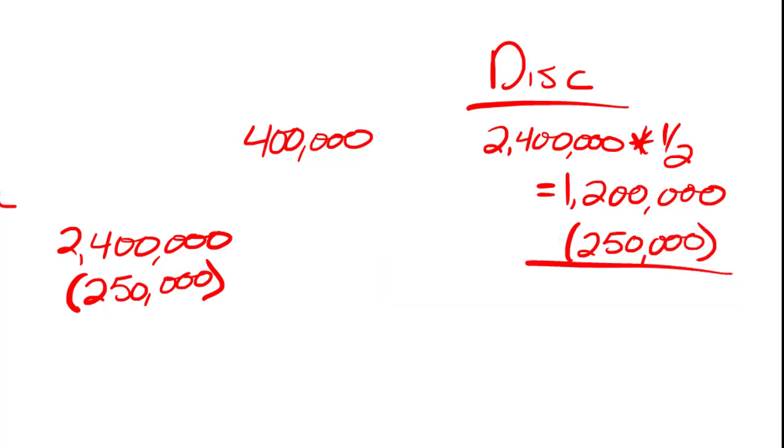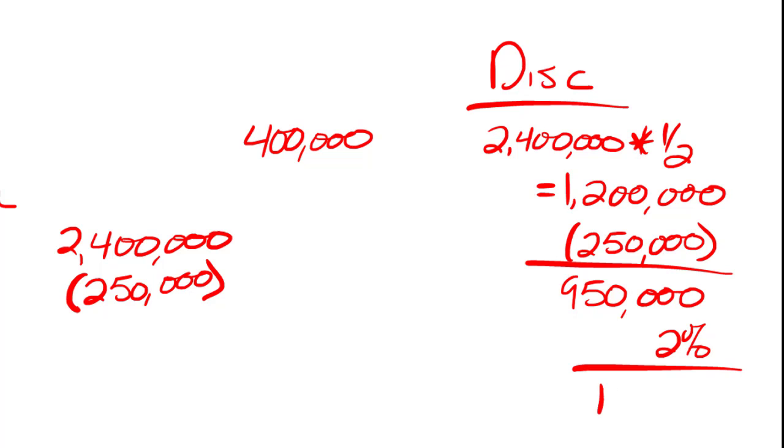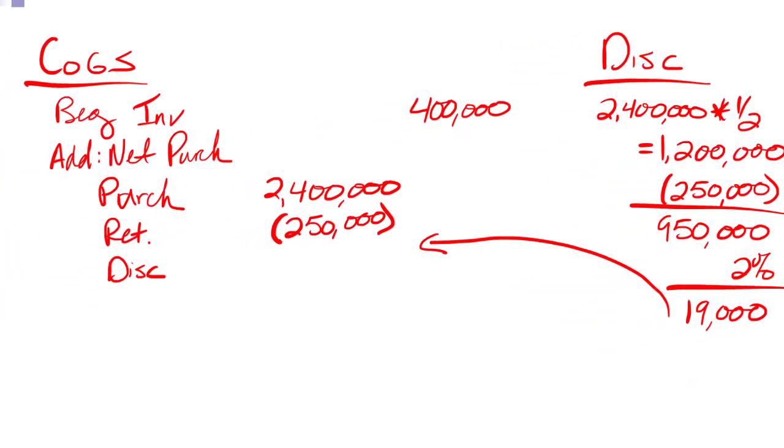So we didn't keep the full 1.2 million. We only kept 950,000 that would qualify for this discount. Now that I know the amount that I actually bought and kept that qualified for the discount, I can calculate my discount. So 950,000 times 2%, I saved 19,000, and that's the number that'll go in here.